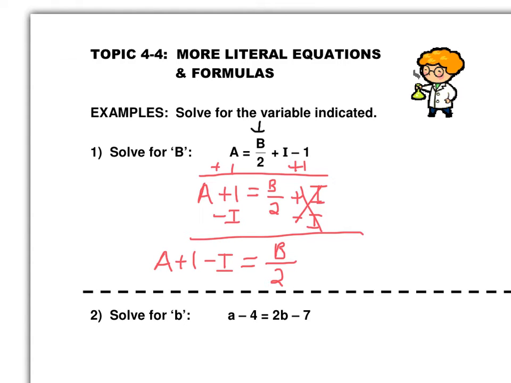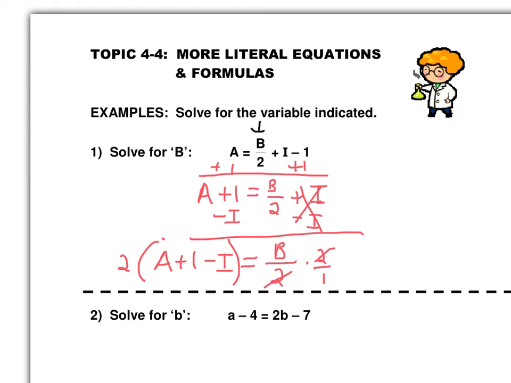I just need to get rid of the fraction part here, and we know to do that you have to multiply everything by 2. So I'm going to multiply this side by 2, and I'm going to multiply this by 2. Now notice I'm putting parentheses around this because I really don't want to have to do distributive property.